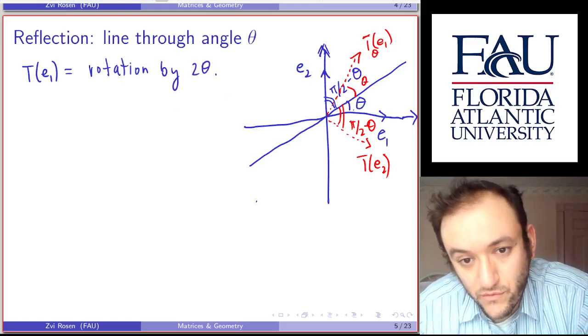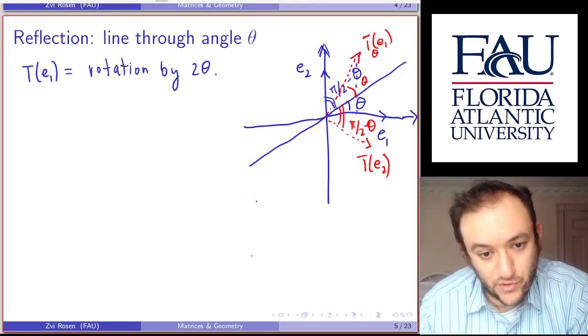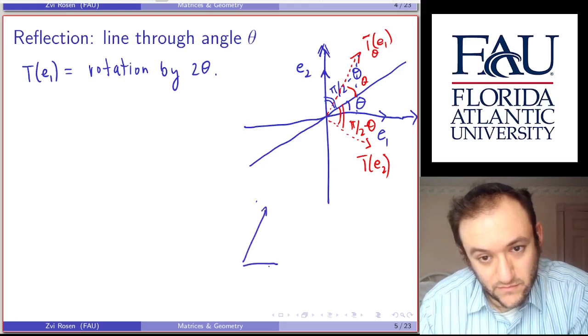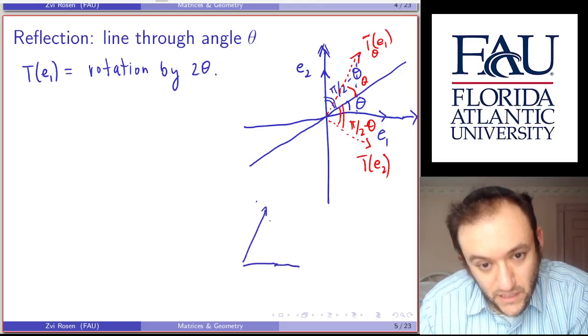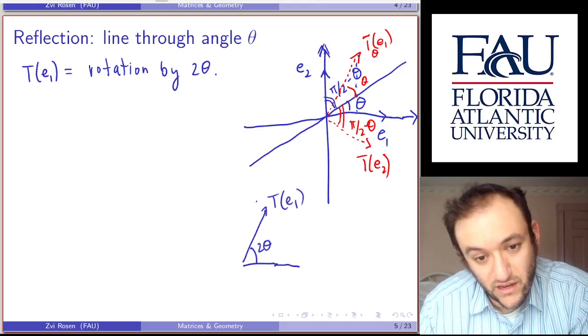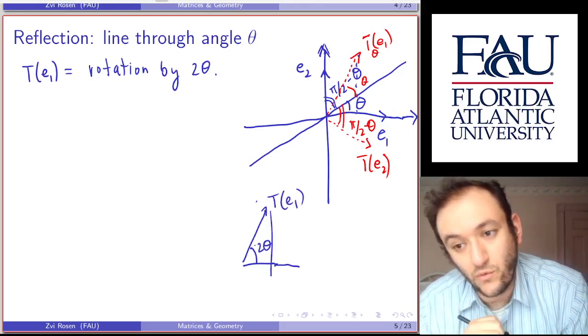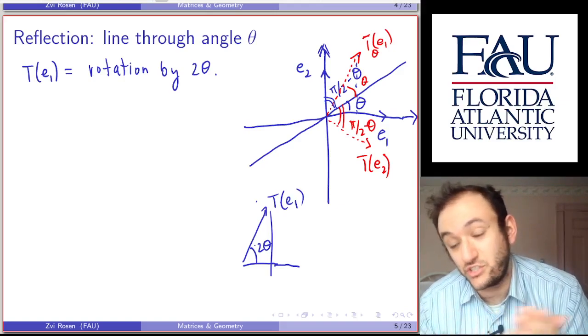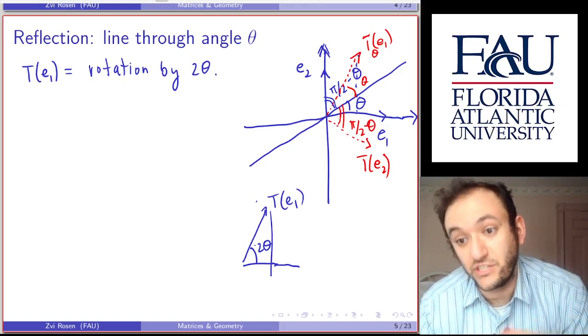Okay, so let's put that over here. So if we have T of E1 here, and this is 2 theta, and we know that E1 has length 1 because the length of the vector shouldn't change when you do a reflection.